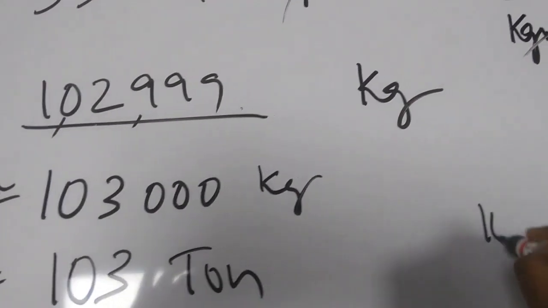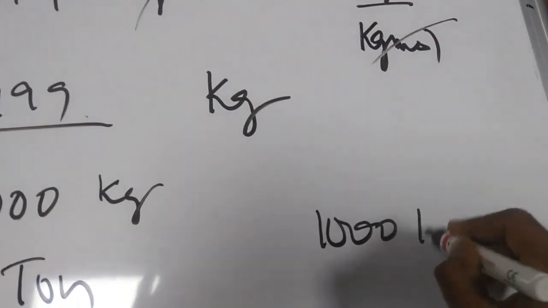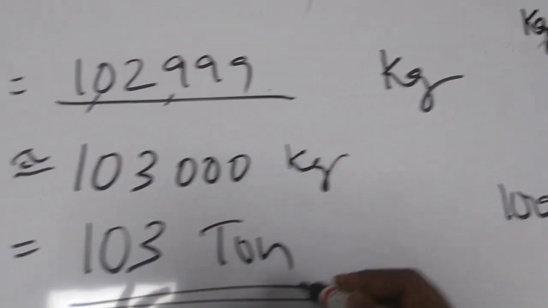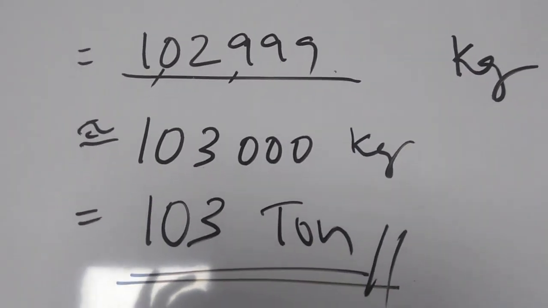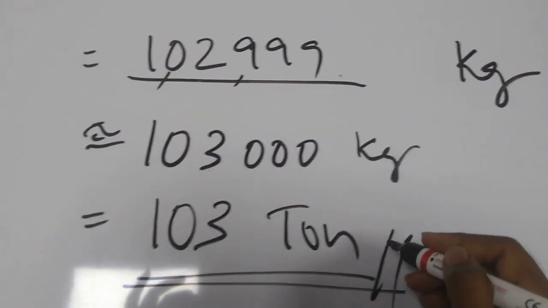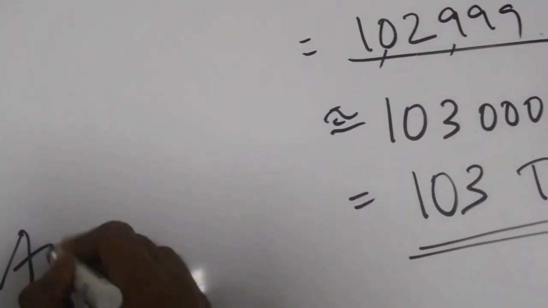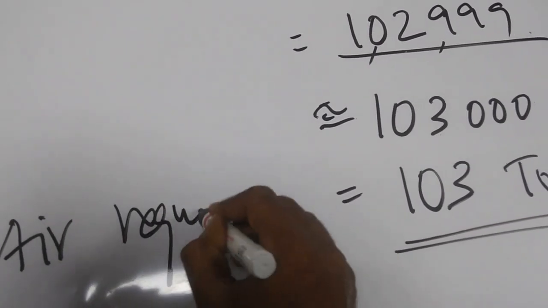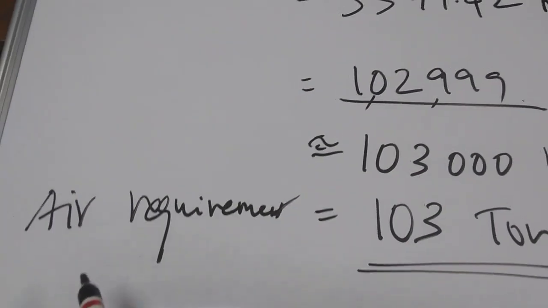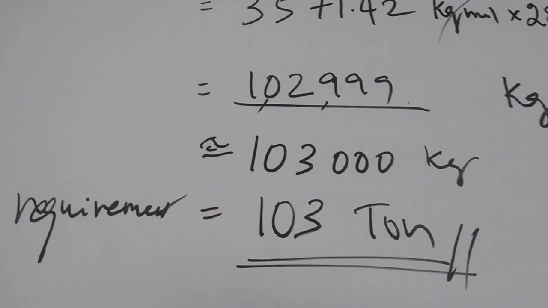We know that 1000 kg is equal to 1 ton. So we need almost 103 tons of air requirement.